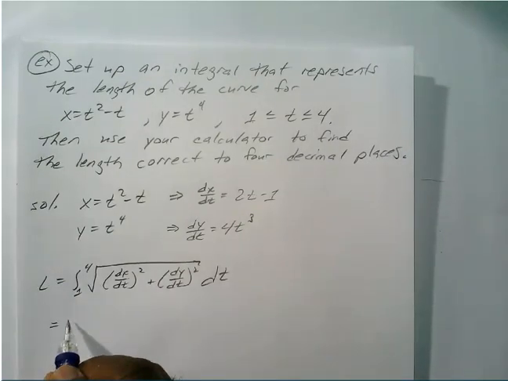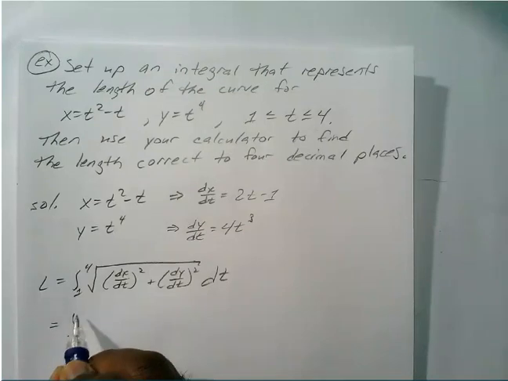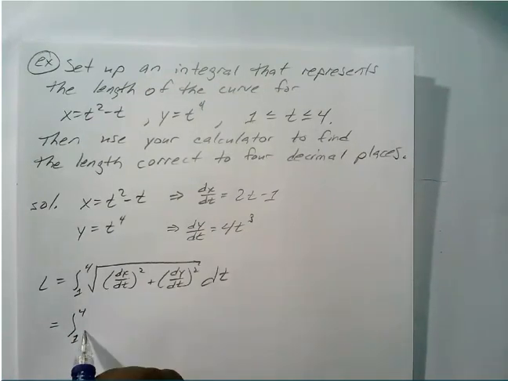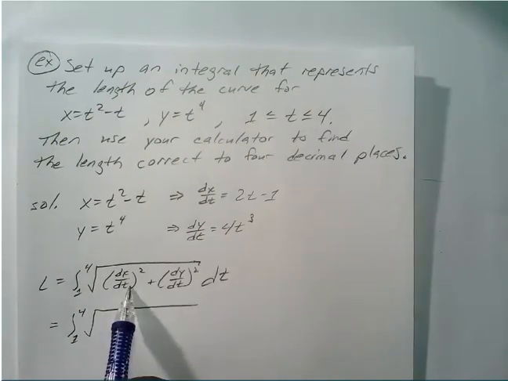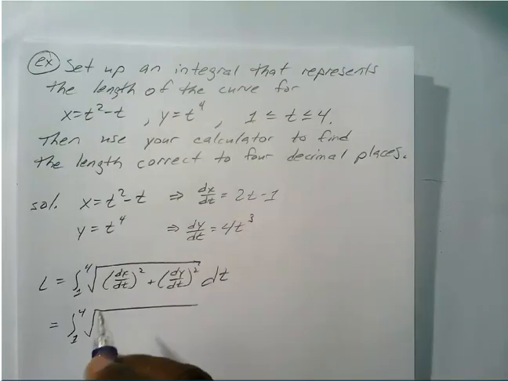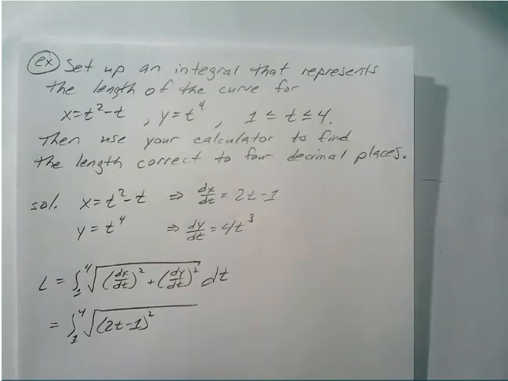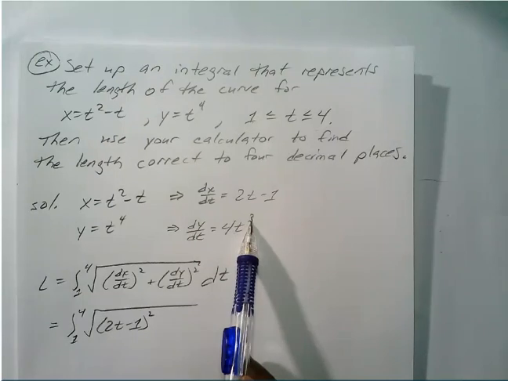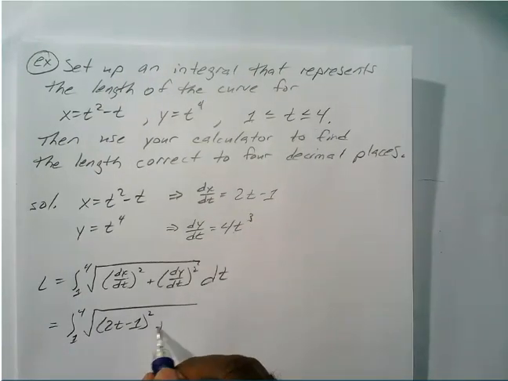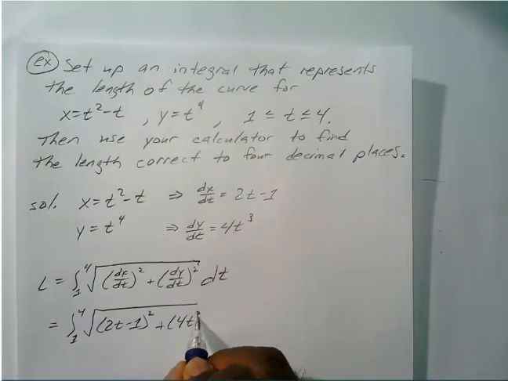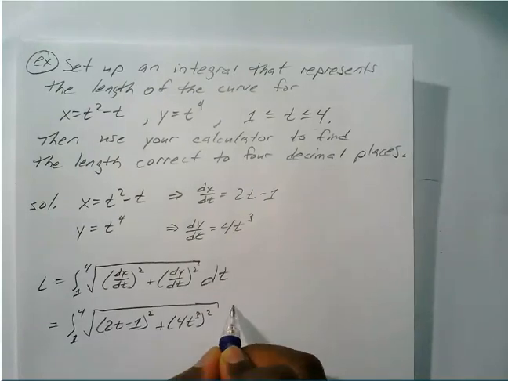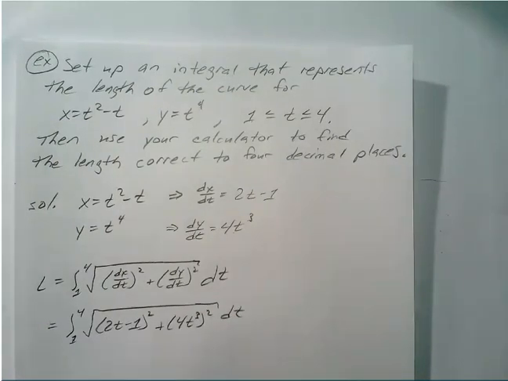Okay, so if we go ahead and plug those in from 1 to 4, we have the square root, dx/dt squared is (2t minus 1) squared. Dy/dt squared is just (4t to the 3rd power) squared, with respect to t. Okay, so that's all we've done so far is just plug it in.